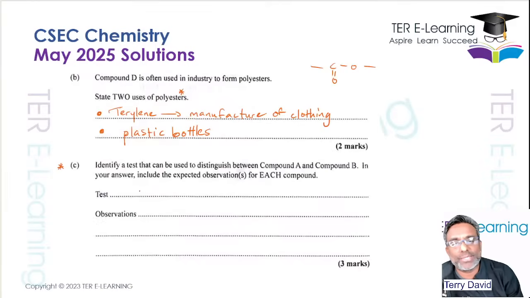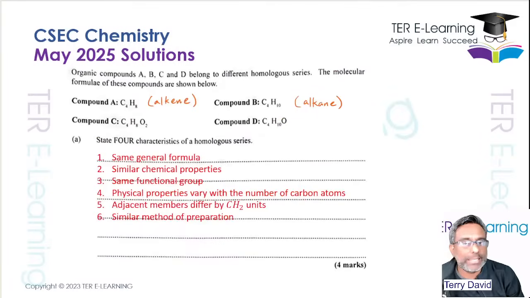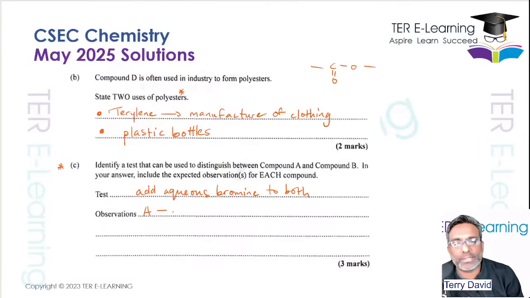So we can use aqueous bromine. You add aqueous bromine to both. Then we need to see what happens. In the case of compound A, the alkene, we get rapid decolorization.